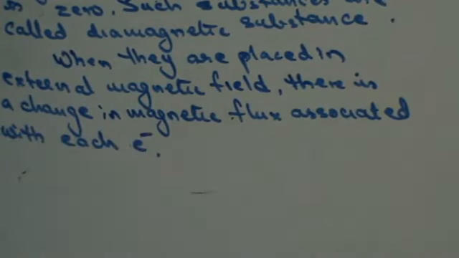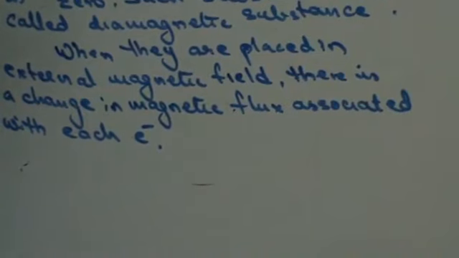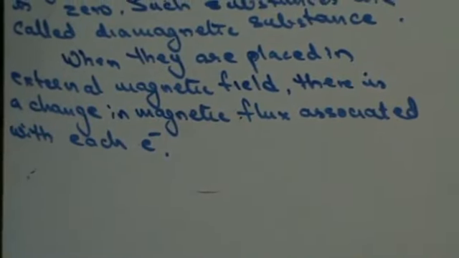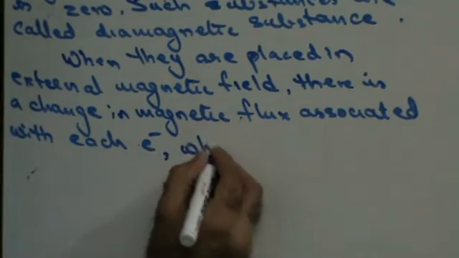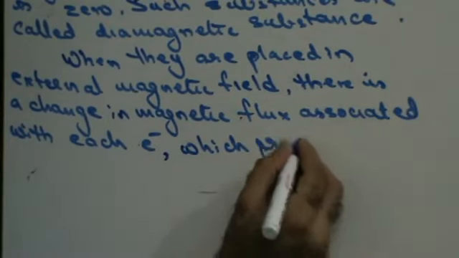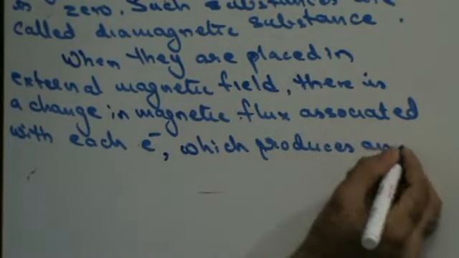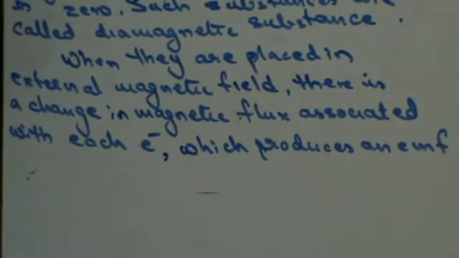Now a change in magnetic flux, we know, results in an EMF. A change in magnetic flux produces EMF. So I can say which produces an EMF, electromotive force, in them.